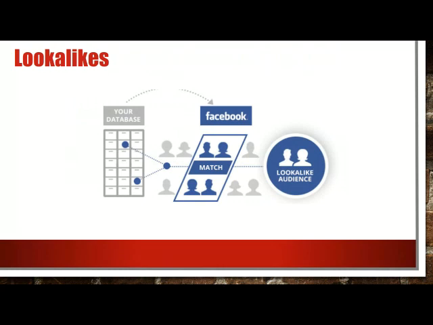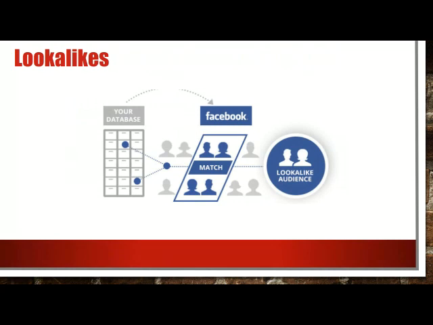Another thing you can do is lookalikes. So Facebook can take your data, whether that's your email list or that's people that are in your pixel, and then you can basically say, Facebook, I want you to look at these people's profiles and see what they have in common, and then create a lookalike audience of people that I haven't reached yet.